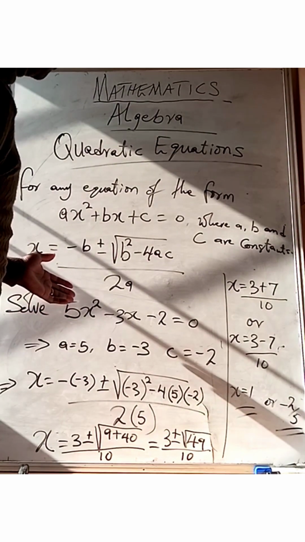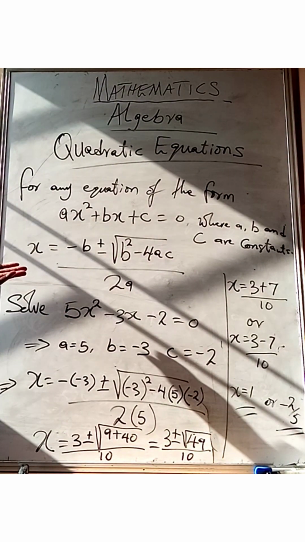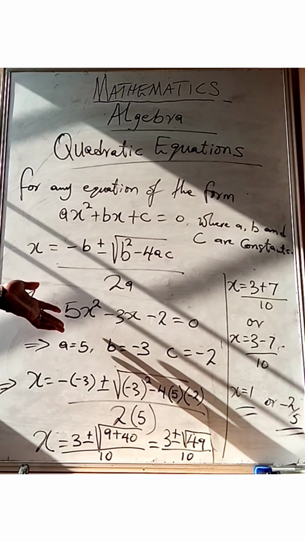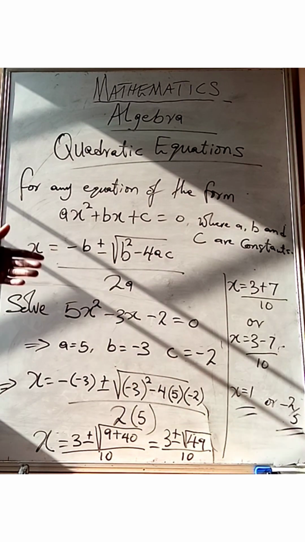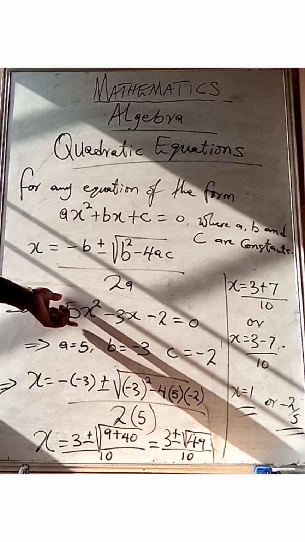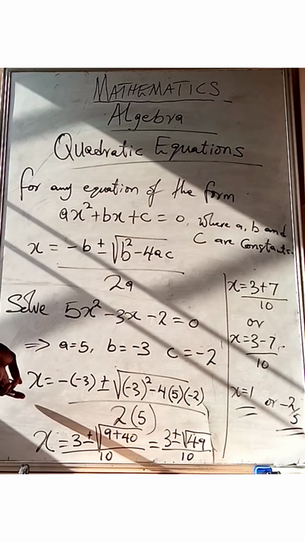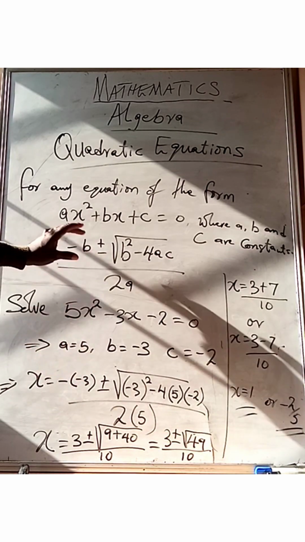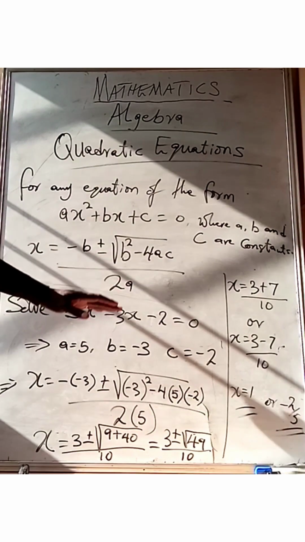You may want to check the consistency of the methods and attempt the factorization method. You will still get the same thing. So this is simple, but it's important that if you want to apply this formula, you must state the formula like I did here. What I did here is because I still have it here and because of space.